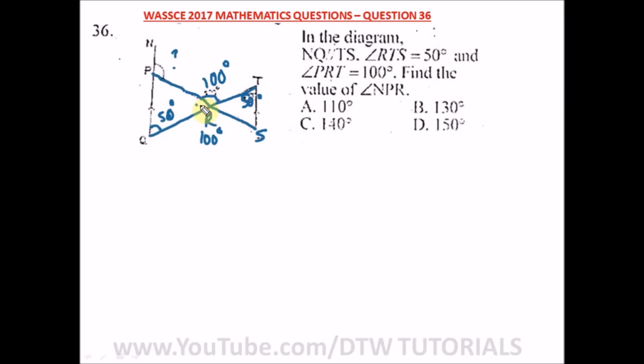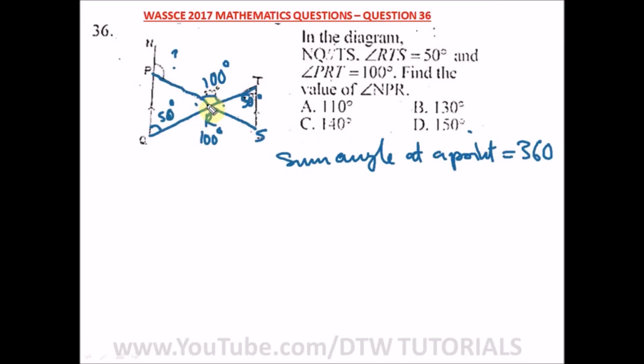And remember also opposite angles are equal. So whatever is this angle is the same as this angle. And remember that the sum of angles at a point is equal to what? 360. Sum of angles at a point is equal to what?